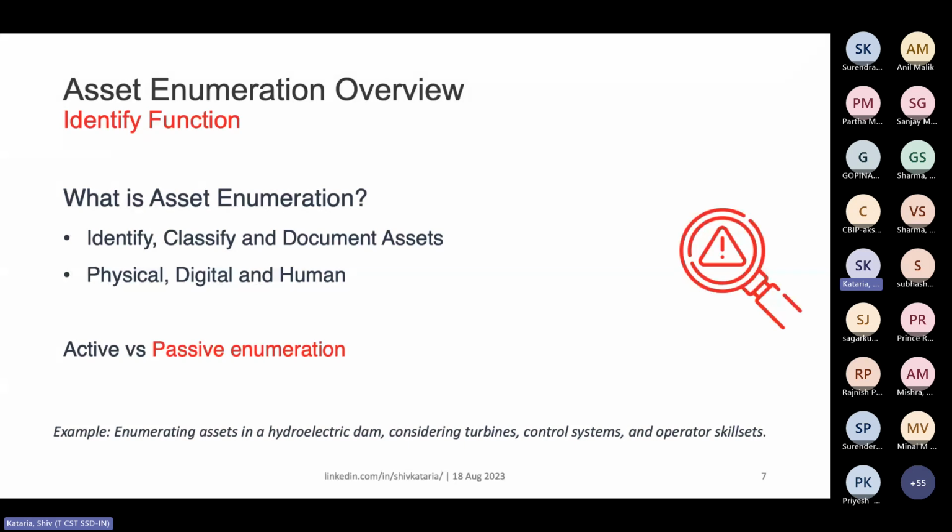At this point you might have the question in mind: which is the best method to identify or enumerate the assets? This is a question I get asked multiple times. And when I go to a plant, I always see challenges with one method or the other. Neither of these methods is comprehensive.